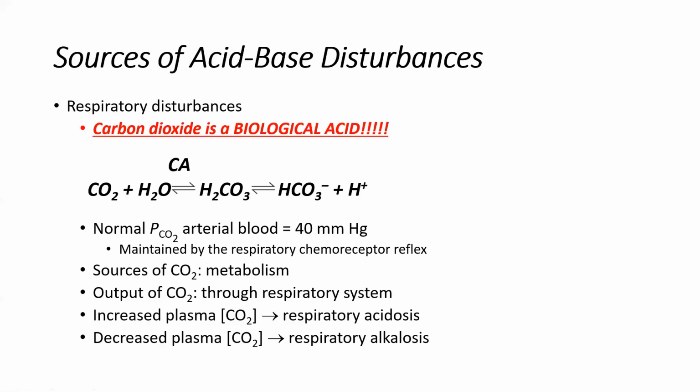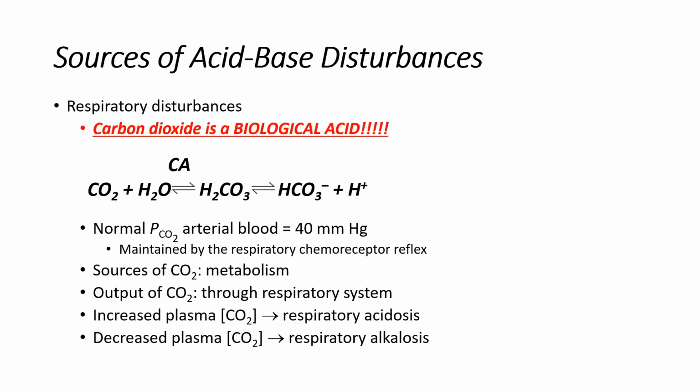So let's talk about some of the sources of acid-base disturbances, basically how we can cause these disturbances. First off, we want to understand that carbon dioxide is a biologic acid. I keep mentioning that. So if we change our rate of ventilation, we can change our rate of losing or holding on to acid. And so the lungs and our breathing rate is one way of bringing about these acid-base disturbances.